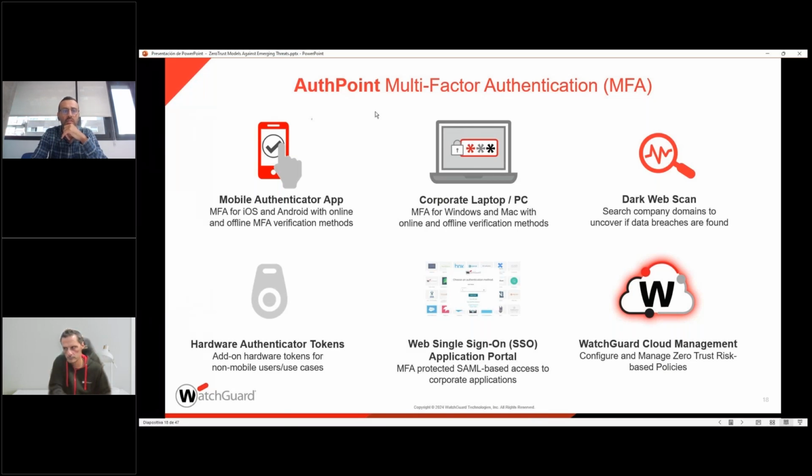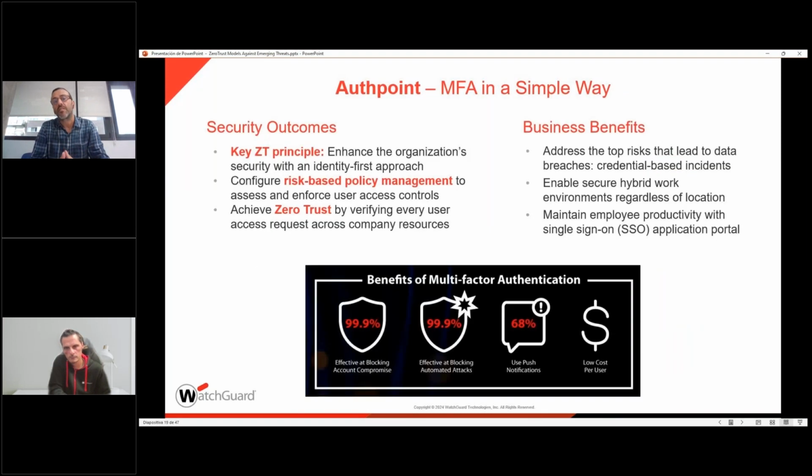And that multi-factor authentication can be controlled through the mobile or through tokens, for users that don't have a mobile or prefer hardware token security. And AuthPoint, as Guillermo was explaining at the beginning of this webinar, is a key principle in a Zero Trust approach. We need to identify who is behind the endpoints, who is behind the use of the applications. So the identity-first approach is a key principle in implementing a Zero Trust approach.